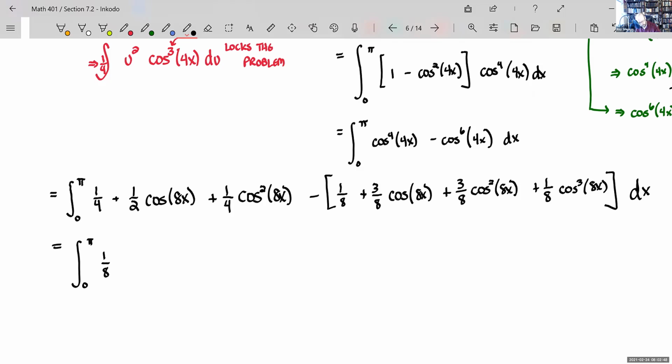So really, I'm just trying to make the statement a little more compressed here. As far as the cosine squareds, I have 1/4 of them there, and I'm losing 3/8 of them there. 1/4 is 2/8 minus 3/8 is a negative 1/8 cosine squared. And then finally, minus 1/8 cosine cubed of 8x.